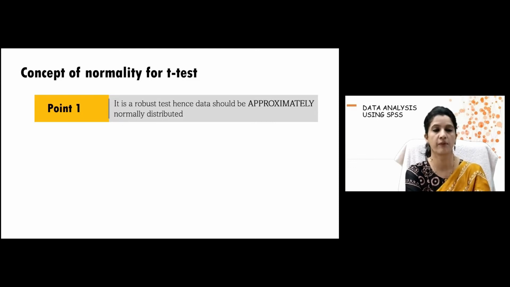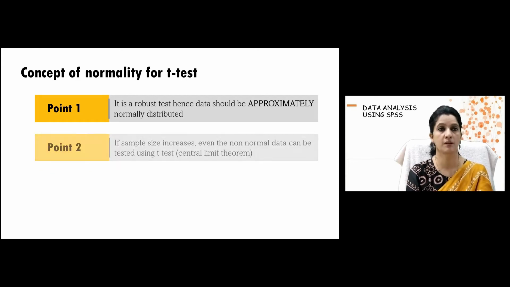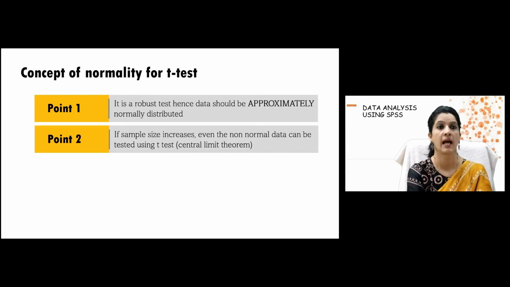The first important point is that the t-test is a robust test. That's why even if the data is only approximately normally distributed, you can run this test. And if the sample size is large, as we have seen, even non-normal data can be tested using the t-test.